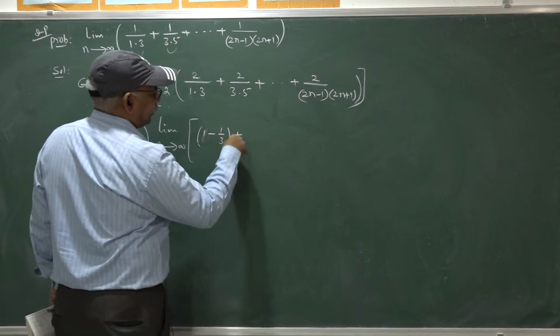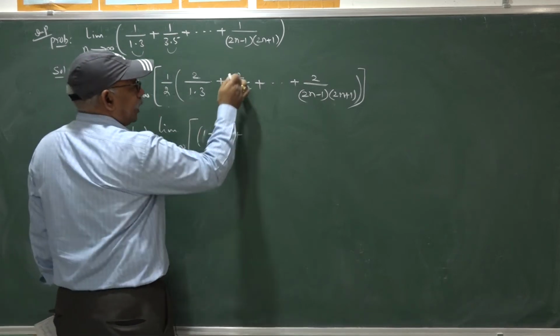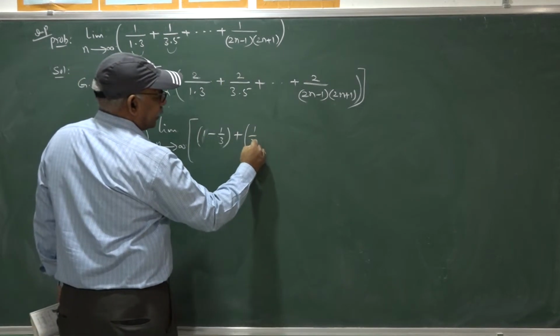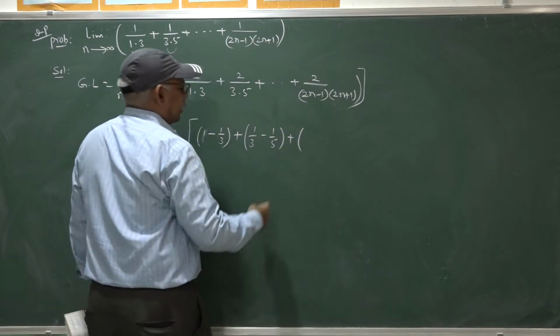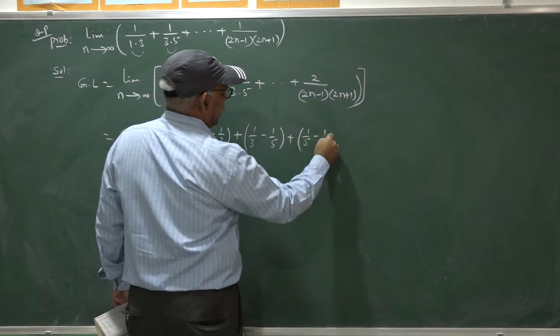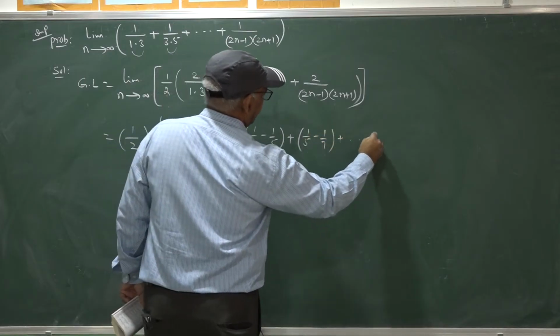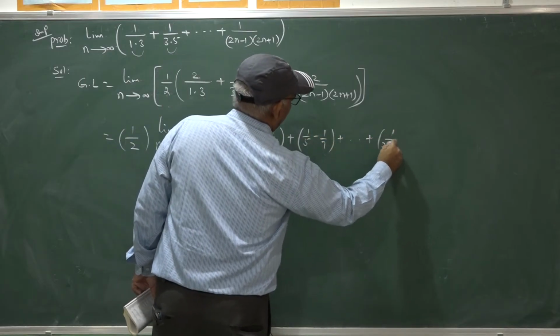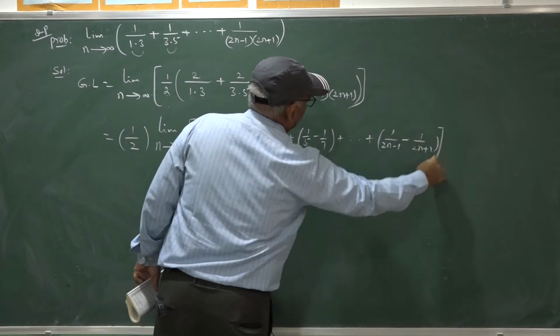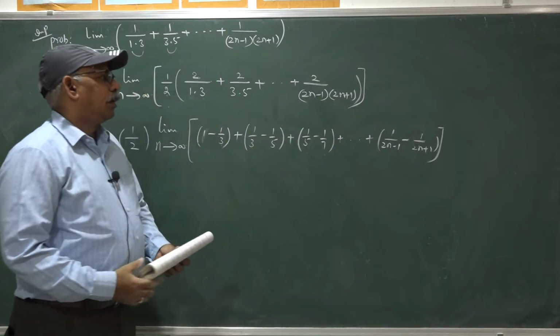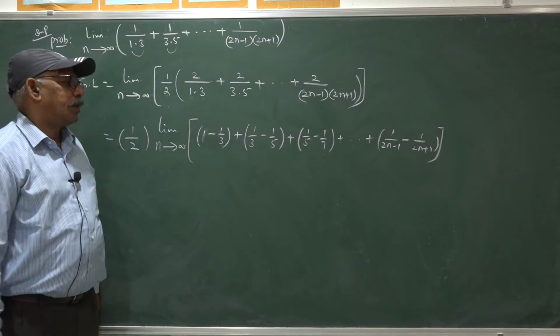Similarly, this one may be written as 1 by 3 minus 1 by 5. Next, 1 by 5 minus 1 by 7. Like that, 1 by 2n minus 1 minus 1 by 2n plus 1.